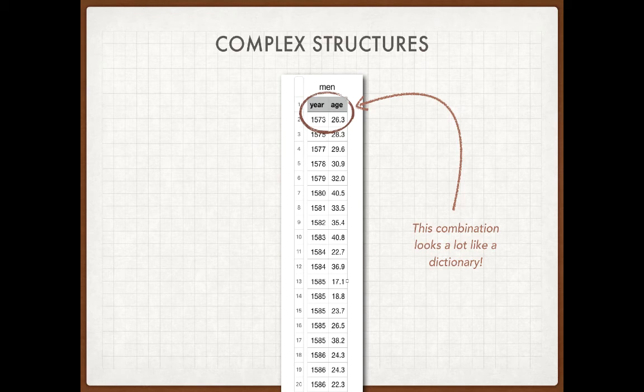So it looks like a key value pair. Now, if I just wanted that in Python, I would write it like this. Curly brackets signify a dictionary. The key is year. The value is 1573. The key is age. The value is 26.3. Terrific. So, to me, this looks like an interesting combination of lists and dictionaries.